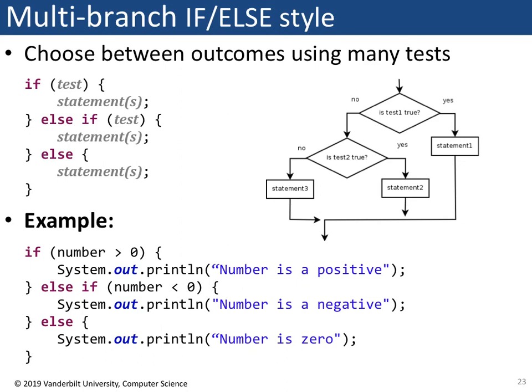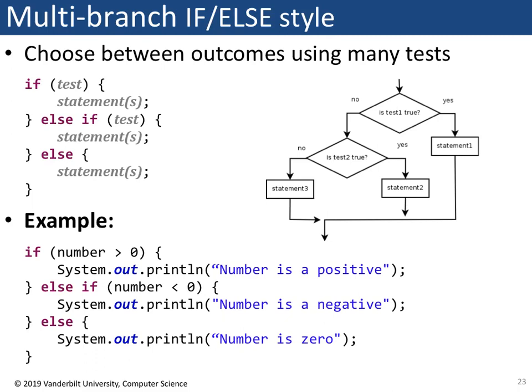So we first test the if statement to see if it is true. If it is, then we will execute the statements inside of the curly braces following the if statement, and then our program pointer will jump to the next statement outside of this if-else if statement.